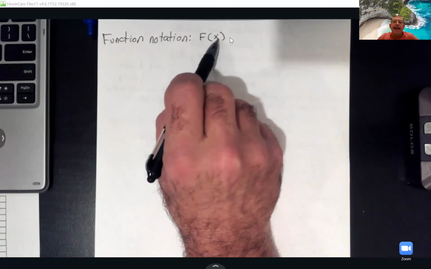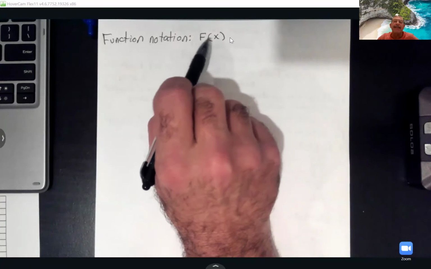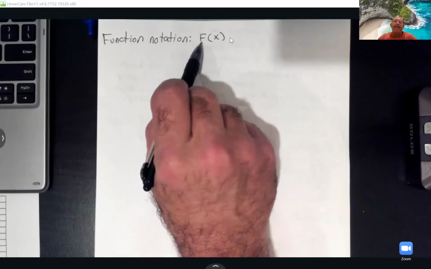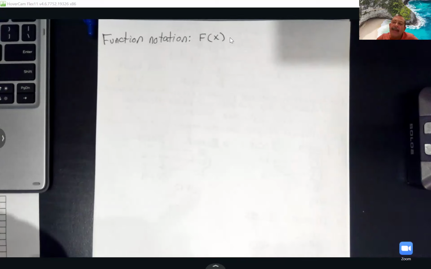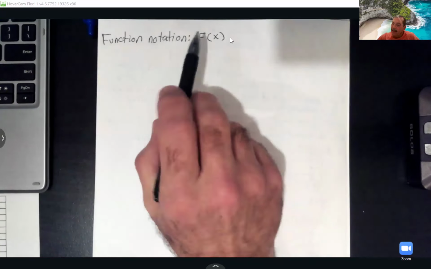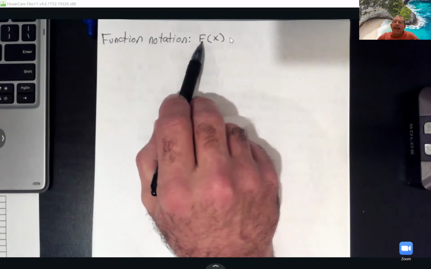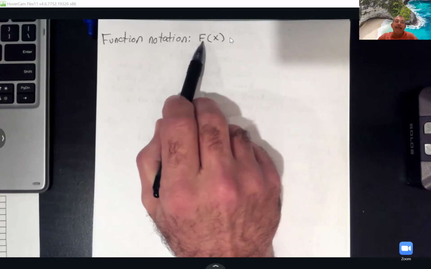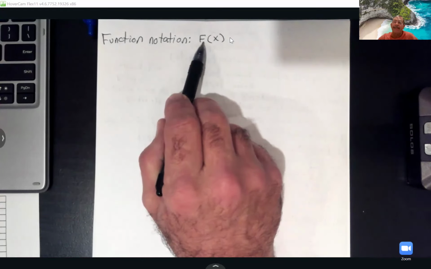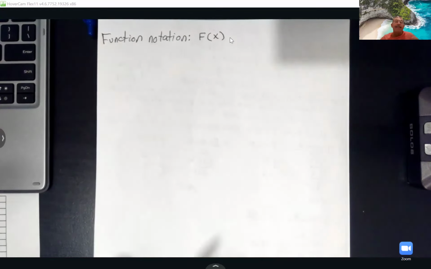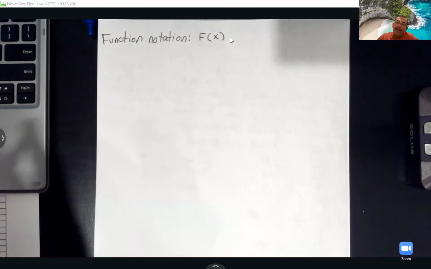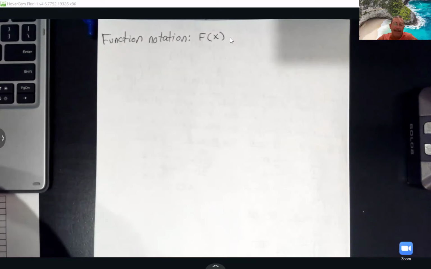You can have an a of x, a b of x. Any letter can be here. So this just lets us know that we got a function. And a lot of times in sciences, they'll put the letter here for what the function's a formula for. Like in science, this might be force because it's an F. Could be Fahrenheit since it's an F. Acceleration, they might use an A for that formula, okay?